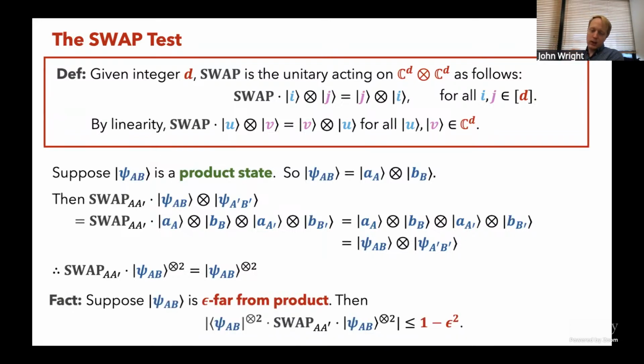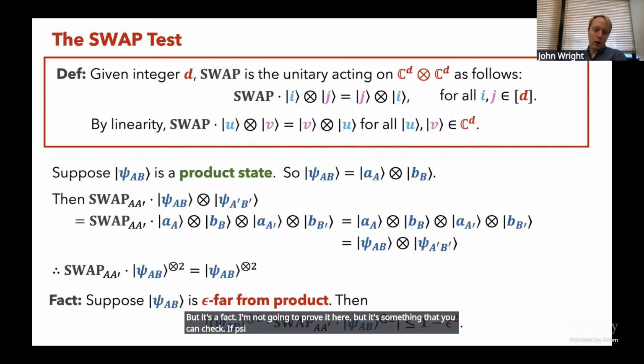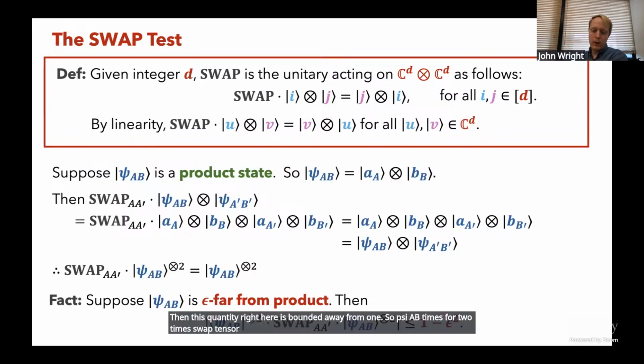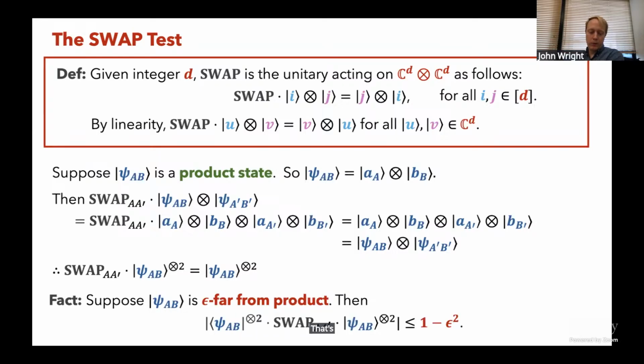But it's a fact, I'm not going to prove it here, but it's something that you can check. If psi AB is not a product state, but it's actually epsilon far from product, then this quantity right here is bounded away from 1. So psi AB tensor 2 times swap times psi AB tensor 2 is at most 1 minus epsilon squared.